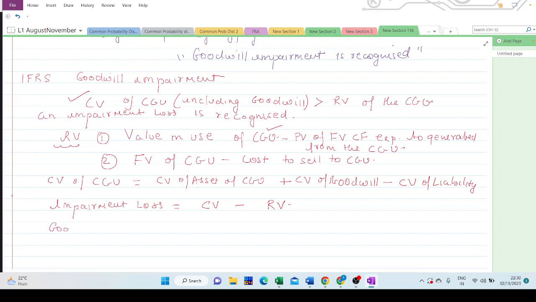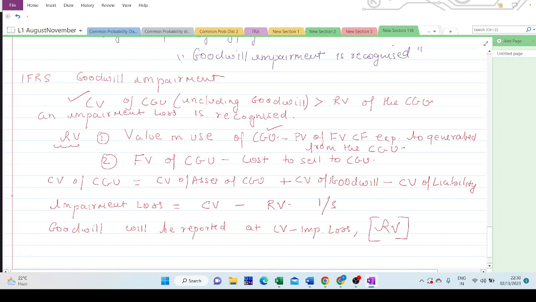This loss would be recognized in the income statement and goodwill will be reported at its carrying value minus impairment loss. That is basically goodwill will be reported at recoverable value, right? Carrying value minus impairment loss is nothing but your recoverable value in the balance sheet.